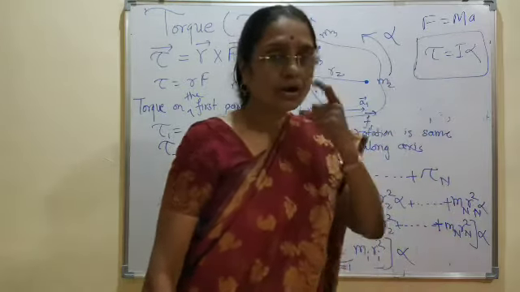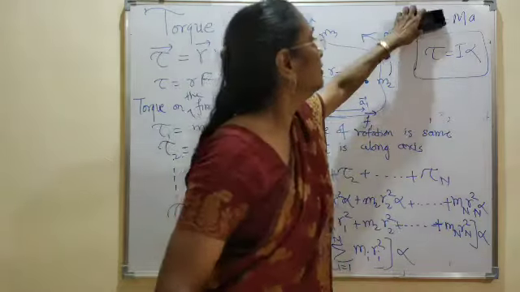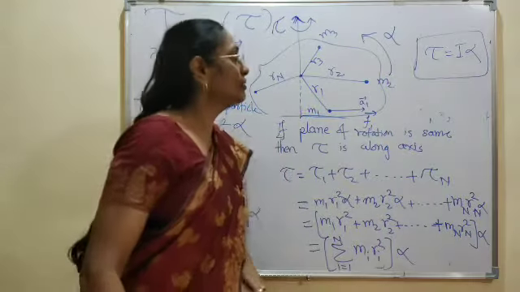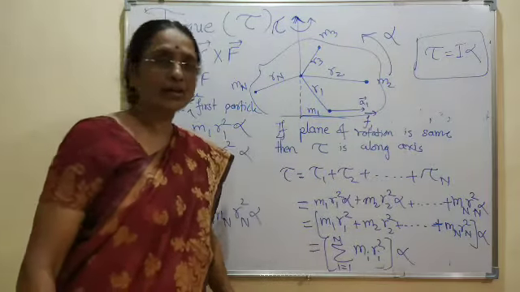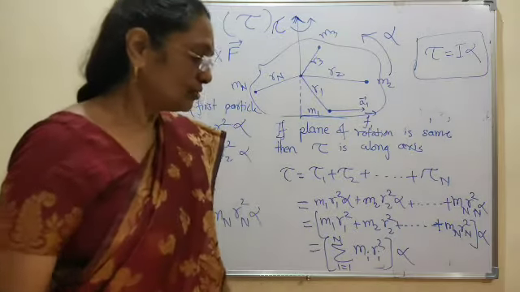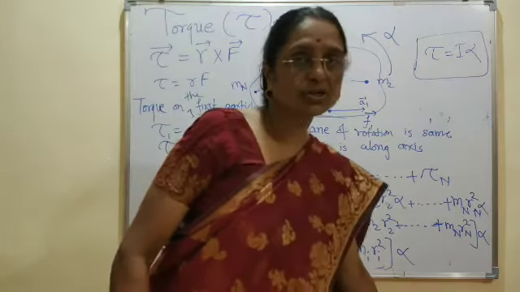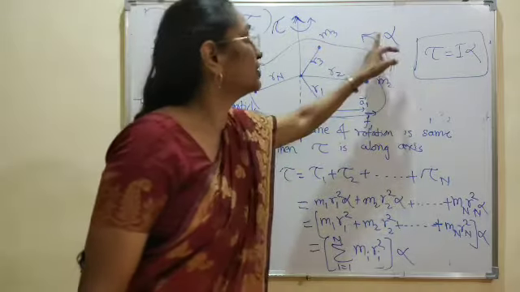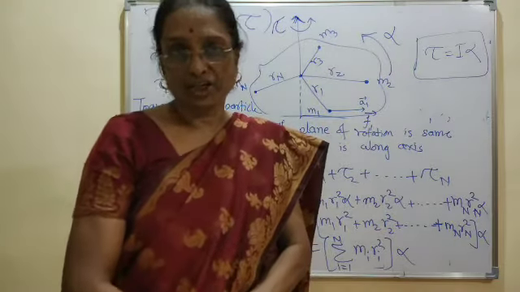So these two are analogous equations, like kinetic energy, angular momentum, torque, these are analogous to each other. This is the expression for torque when the body rotates with constant angular acceleration.